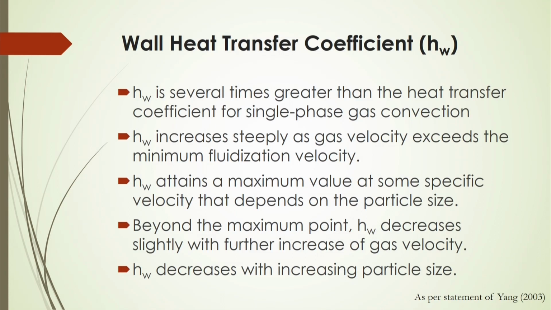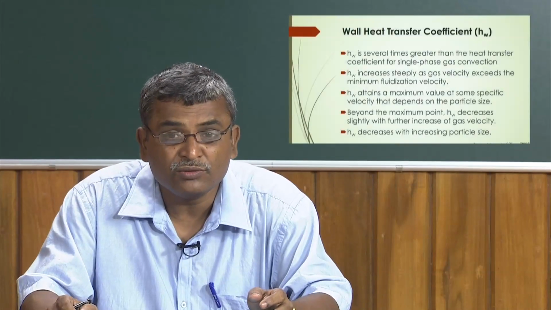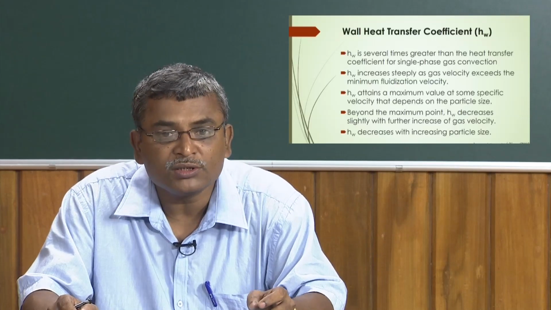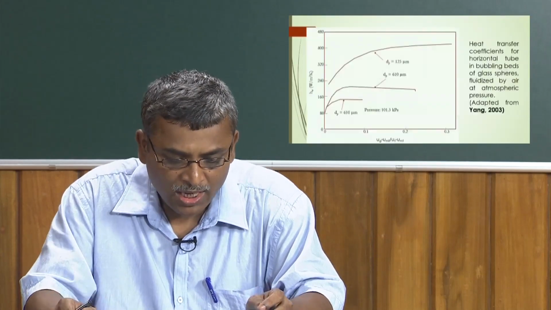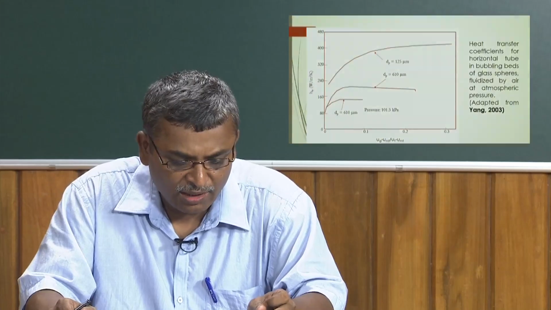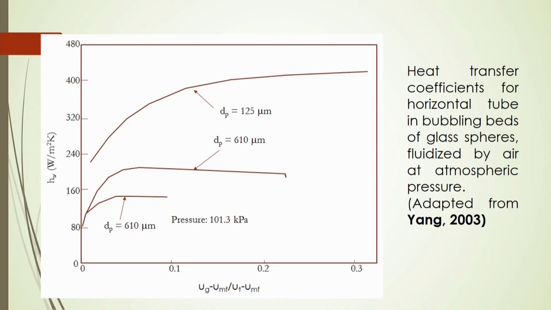So, the wall heat transfer coefficient will decrease with increasing particle size because of the surface area. Here in this diagram it is shown how the wall heat transfer coefficient changes with the relative velocity of the gas to the minimum fluidization velocity, for different pressures and particles.